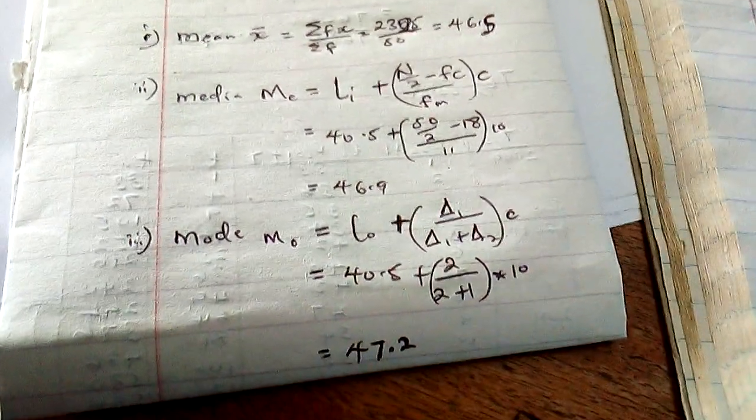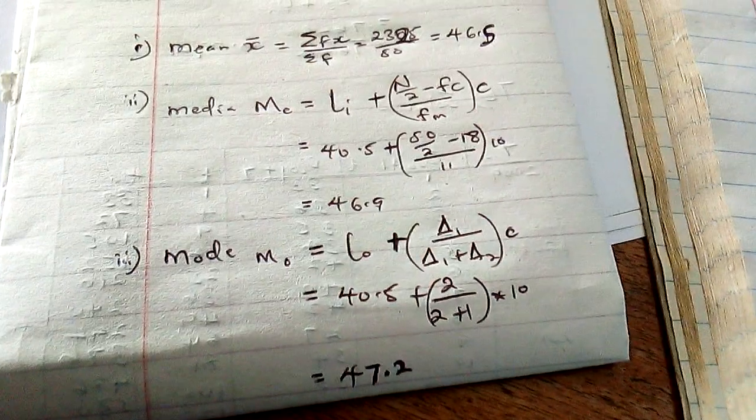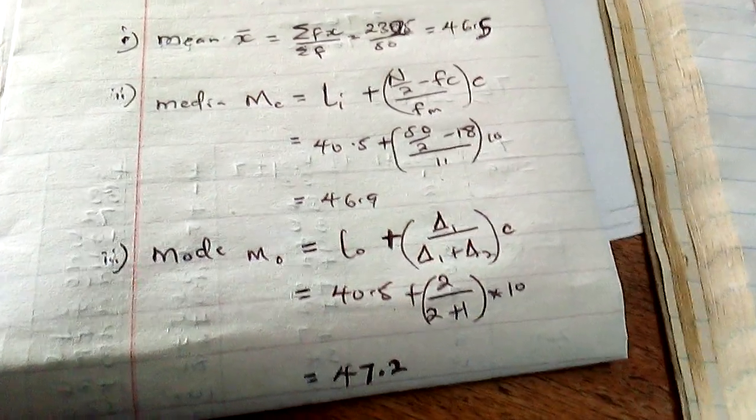And then the modal value is the formula Lo plus D1 over D1 plus D2 times the C. D1 means delta 1.